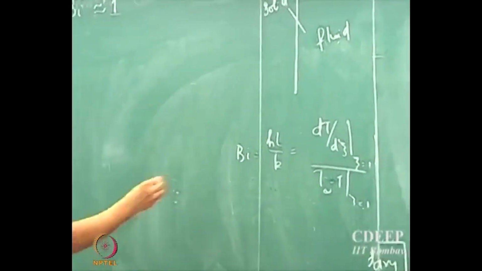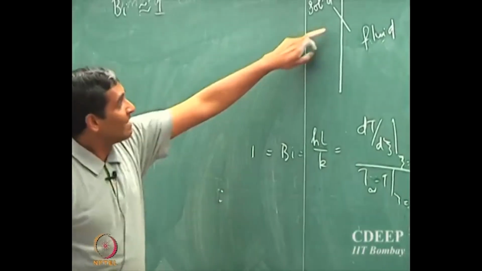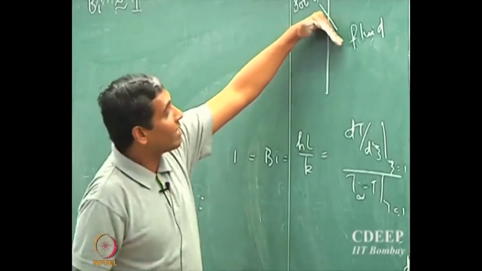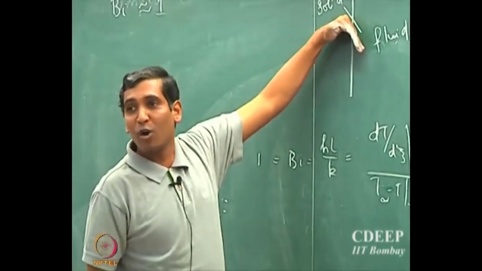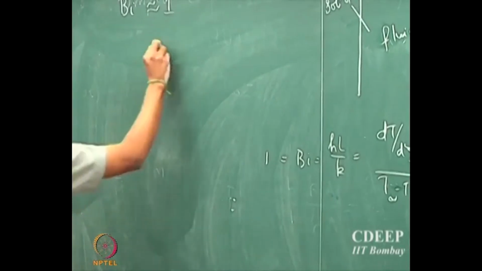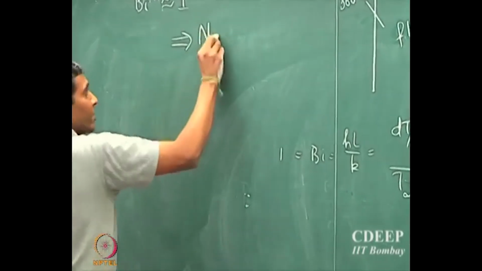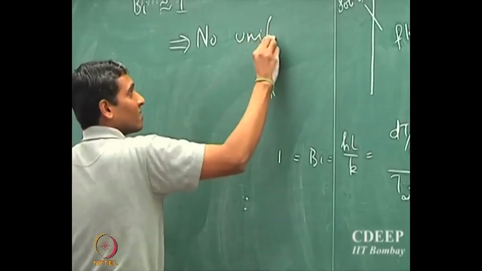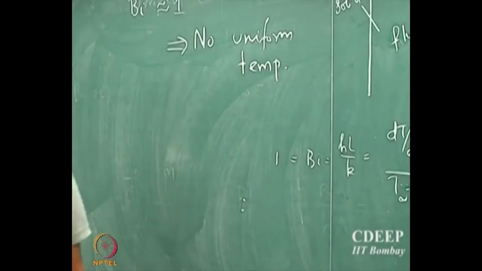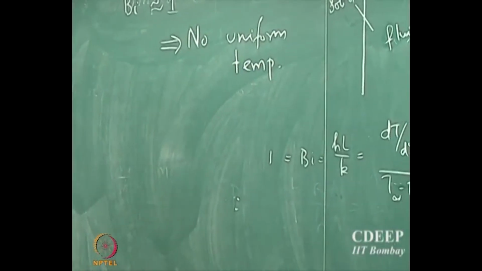Right. When Bi is equal to 1, it means that the temperature gradient in the solid at the boundary and the temperature gradient outside the boundary will be equal to each other, which simply means that no uniform temperature can be assumed. You cannot assume uniform temperature inside the solid.